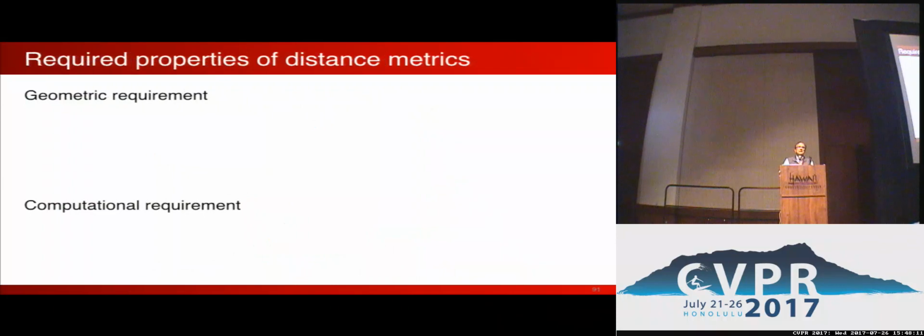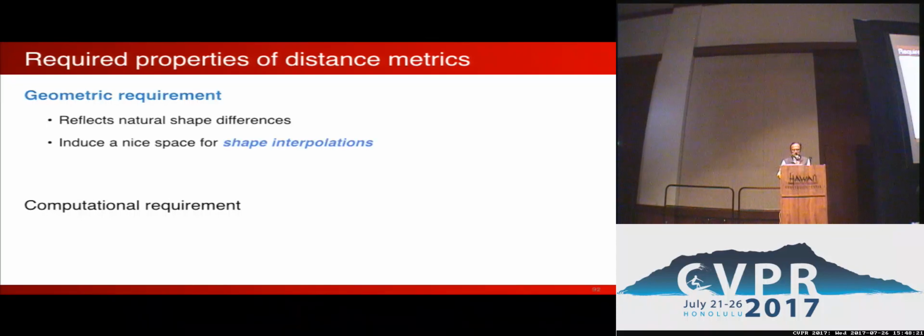And in this setting, we have to understand what are the relevant criteria for selecting a distance, which are the geometric criteria and the computational criteria. From the geometric criteria, we want the distance to reflect natural semantic similarity or difference of the shapes and to allow effective shape interpolations. At the same time, we want the distance to be differentiable and the computation to be fast because we have to do large-scale training.